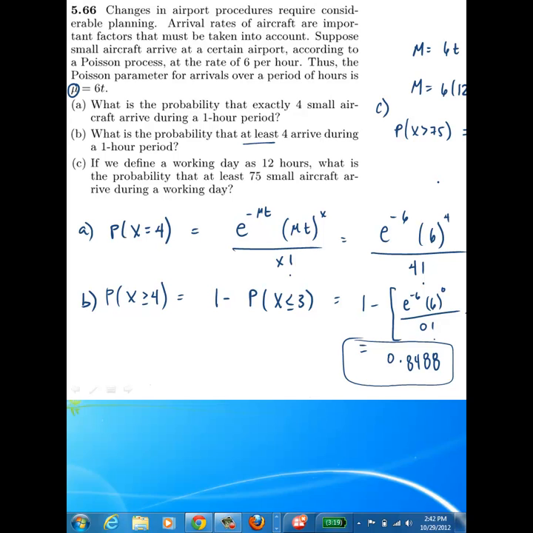At least 75, yes, 75 greater or equal to. That's correct. And then that would be 0 plus everything up to 74. This one is the same thing, because you don't have the inclusive there. So you can do less than or equal to 74. It's going to be the same.